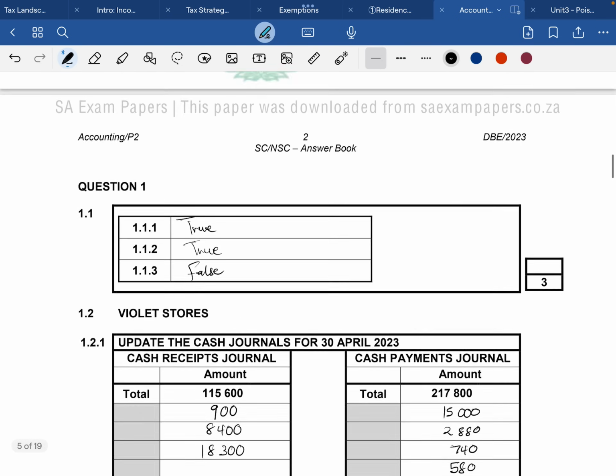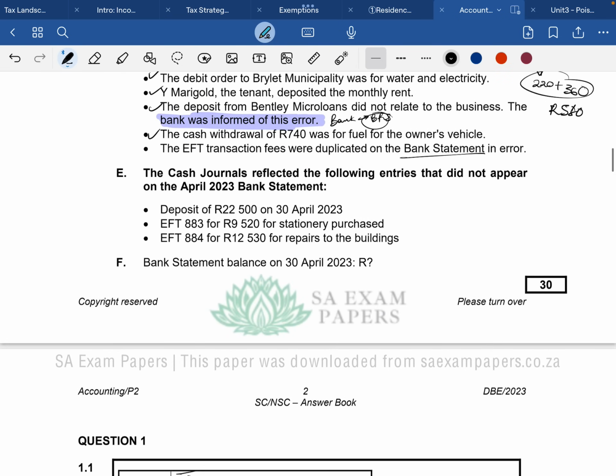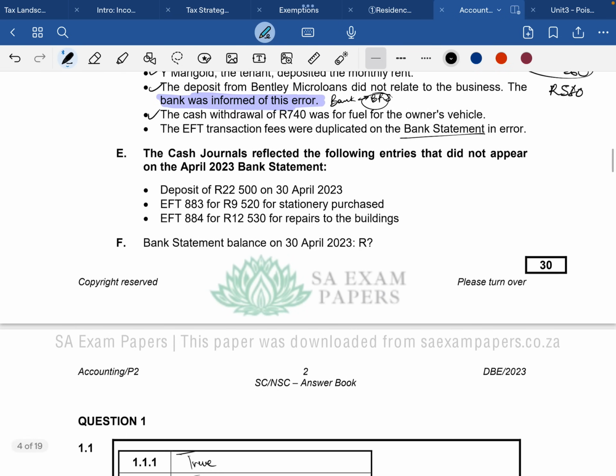Then now we move to information E. Information E says the cash journals reflected the following entries that did not appear on the April 2023 bank statement. So this was all in the cash journals but did not appear on the bank statement.